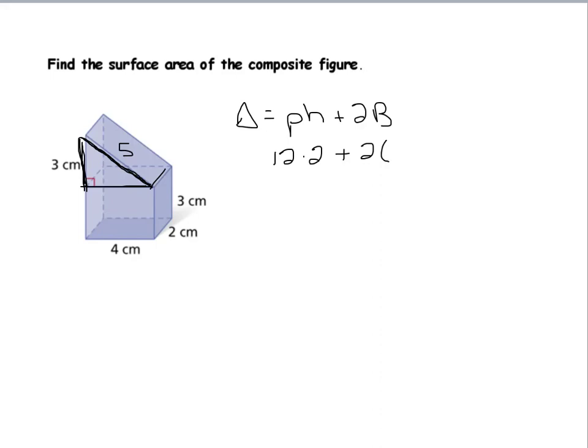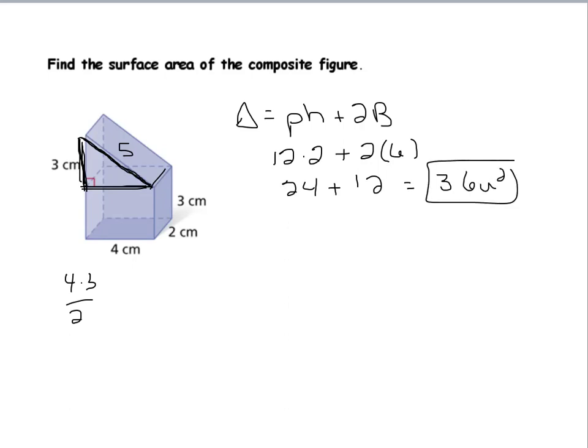Well, the base is a triangle, so 4 times 3 over 2 gives me 6. Okay, so this one is 24 plus 12, which gives me 36, units squared.